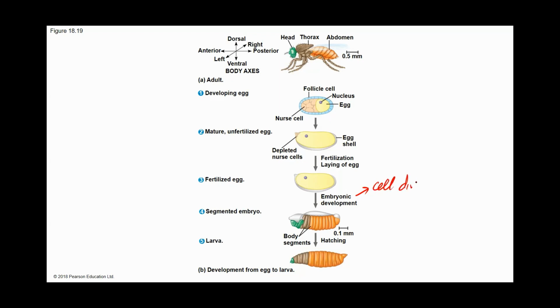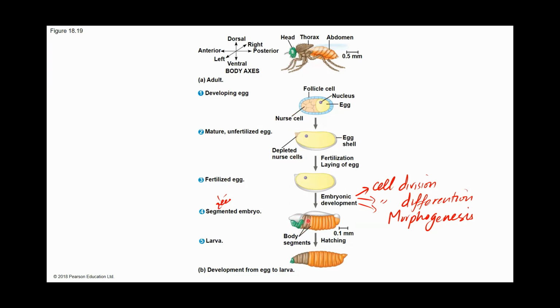This means we have cell division, cell differentiation, and morphogenesis. Eventually, we will have an embryo, okay, and this embryo is considered a segmented embryo, which means it consists of segments, as you can see here, different segments, and they are color coded to indicate that these certain segments will eventually form the head.